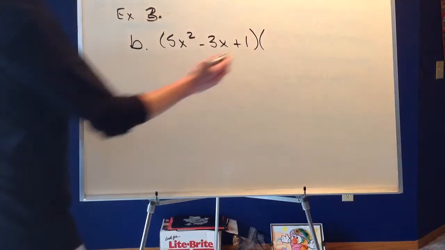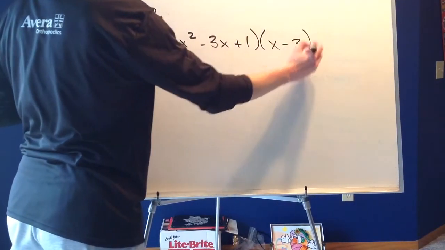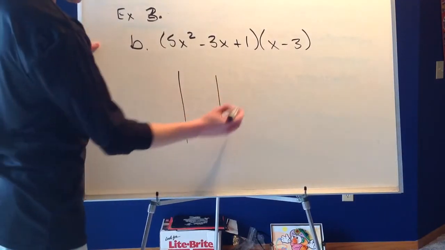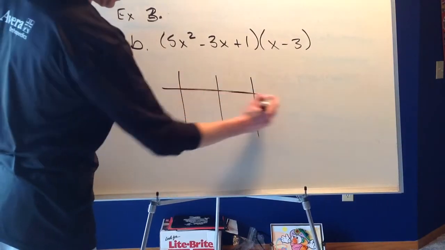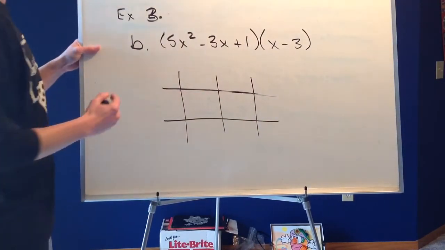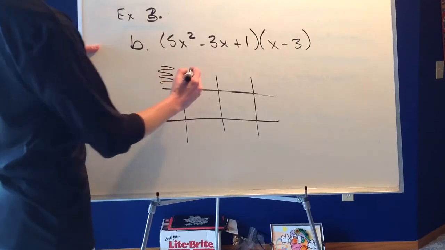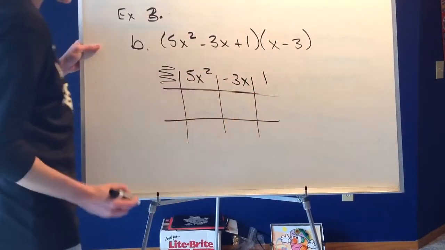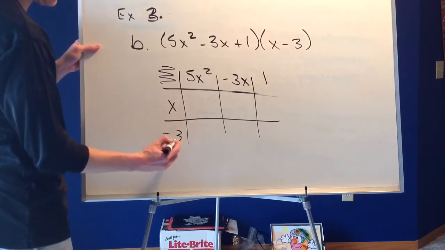And I have x minus 3. So I am going to have to make an extra either column or row. It's kind of up to you which one you want to do here. But I need an extra space for it. Okay, so I don't need to use this one. I'm going to go 5x squared minus 3x and 1, x and minus 3.